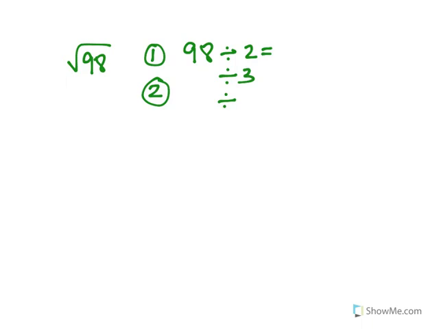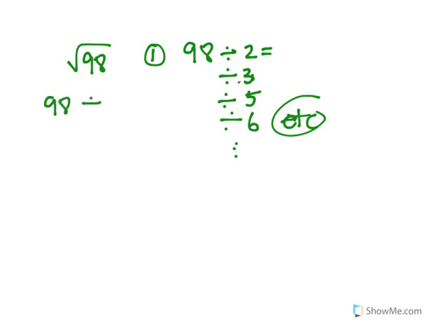Don't do 4, because 4 is a square number. Then you divide by 5, and then by 6, etc. Eventually you will find something that is square. So if you did 98 divided by 2, you get 49, which is square.